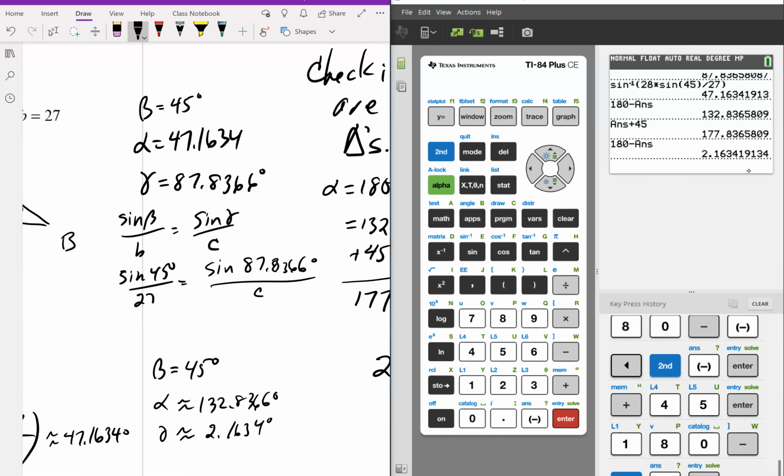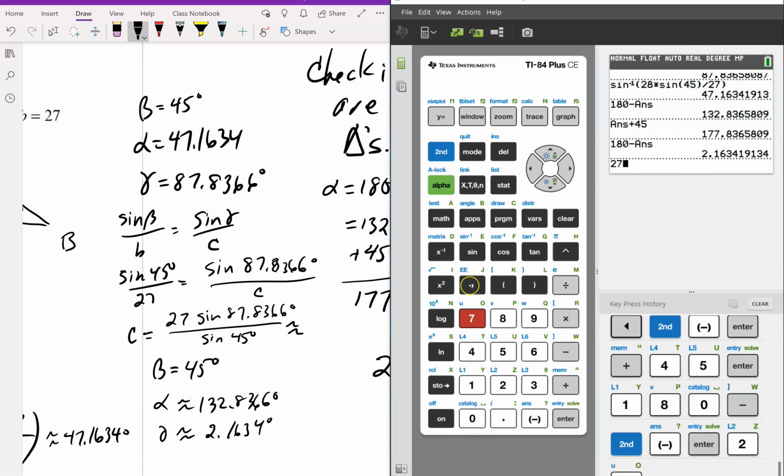Just in the interest of time, I'm going to cross multiply and divide all at once. So we get 27 sine of 87.8366 degrees over sine of 45, which is going to be approximately what?